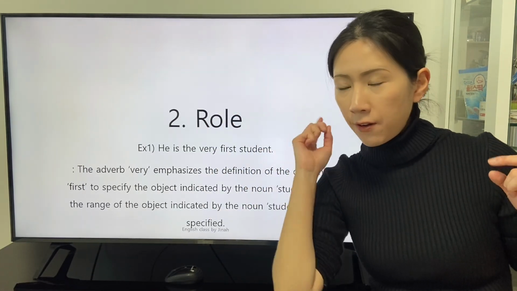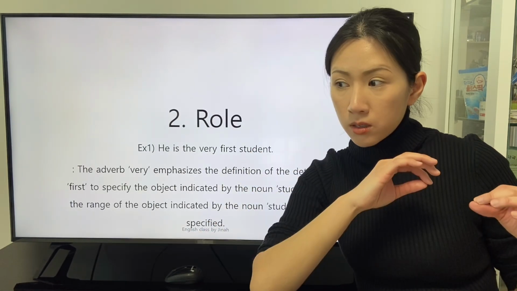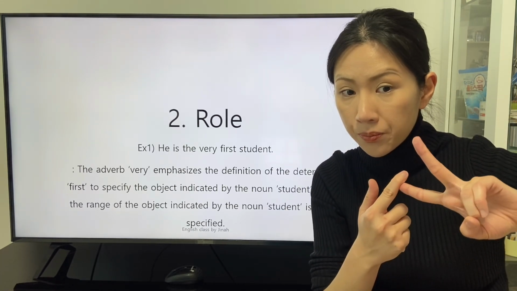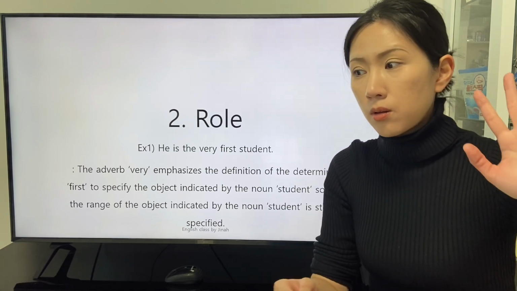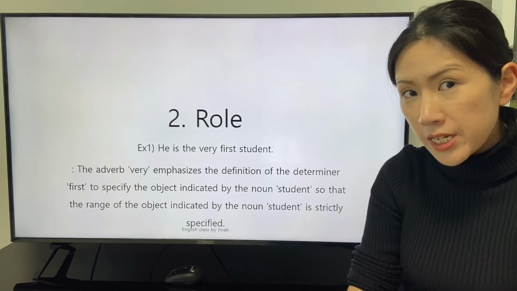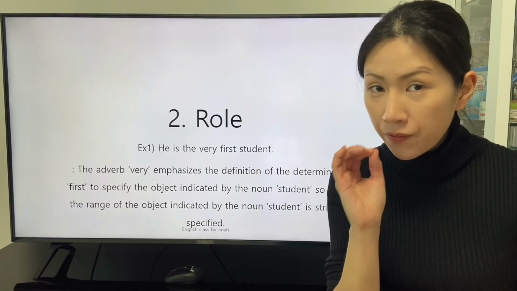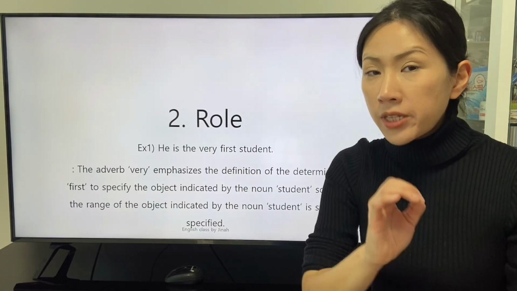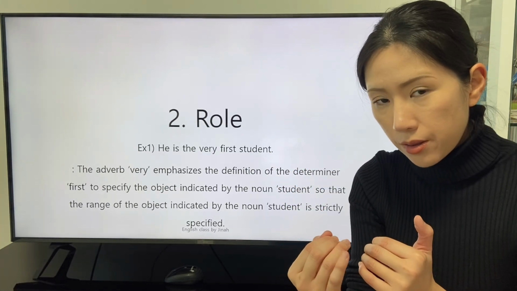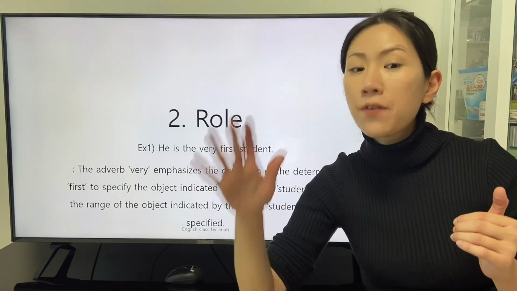The listeners can think of the other options that there are students specified with the two determiners, the and first, but with the consideration of the speaker's intention to specify the object with the adverb very, the listeners figure out the only object that is indicated by the phrase of the noun, the first student.